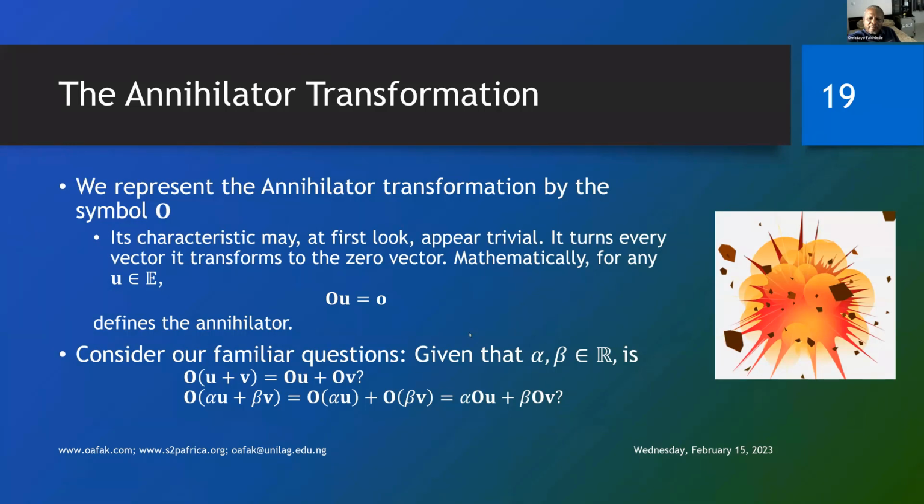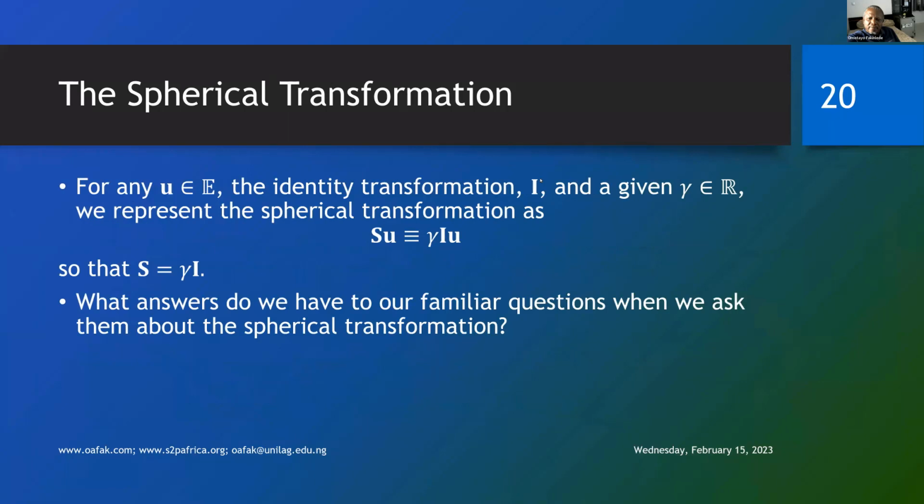Okay, so the spherical transformation. This is the definition of the spherical transformation. For any vector U that is a member of the Euclidean vector space, the identity transformation I is given by... and there, if we are given U and the identity transformation I, and a real number gamma, gamma can be any real number, can be a fraction, can be positive, can be negative, but it is a real number.